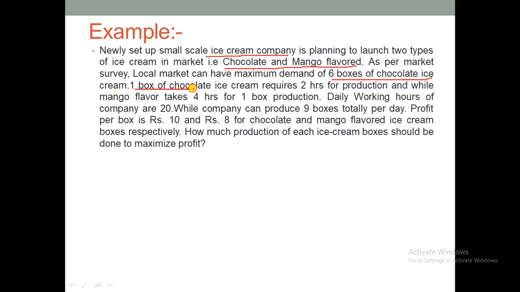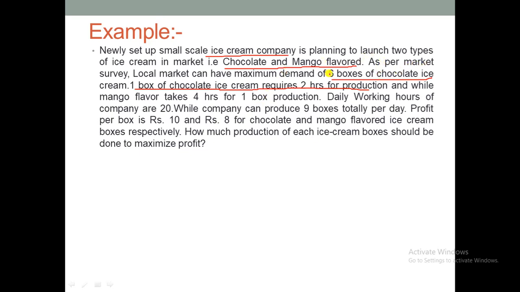And it says that one box of chocolate ice cream requires 2 hours of production, while mango flavor takes 4 hours for one box production.